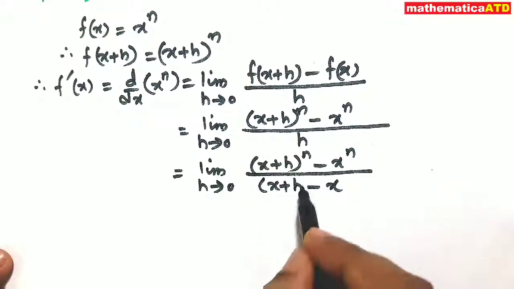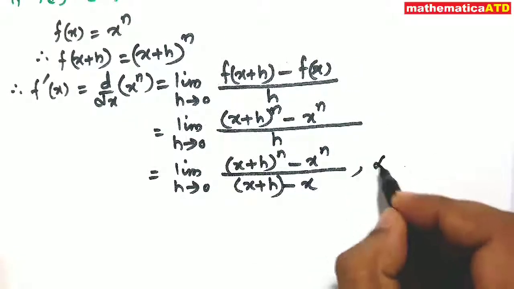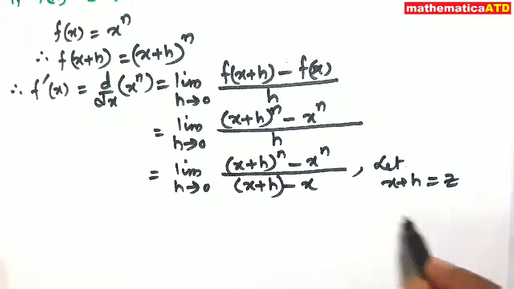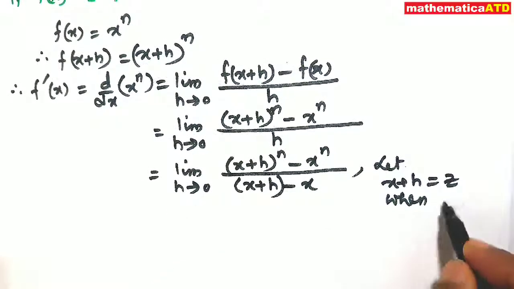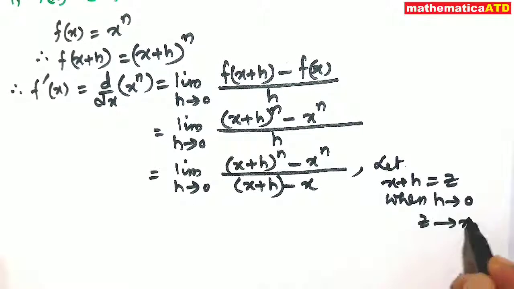Okay, so friends, if we substitute x+h as z, then keep a look here. When h tends to 0, then obviously z is tending to x.